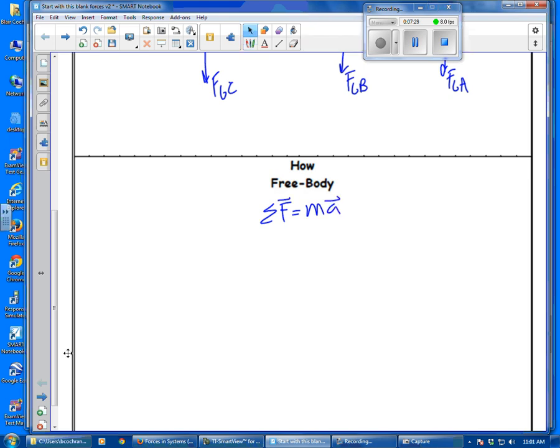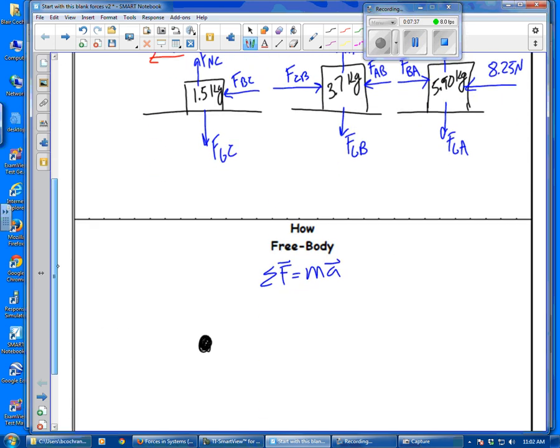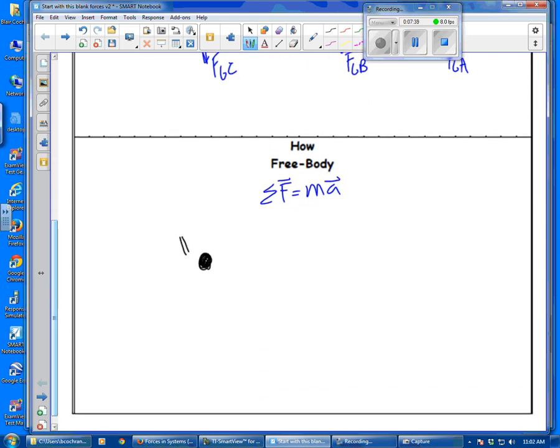And now I'm going to draw, just like yesterday, fill in my equation by drawing it. I have 11.1 kilograms. The total weight down, total normal force up.